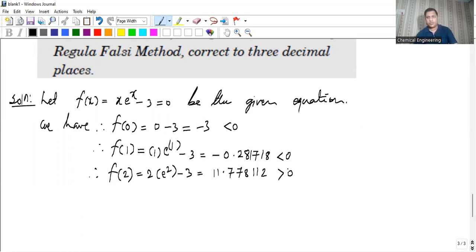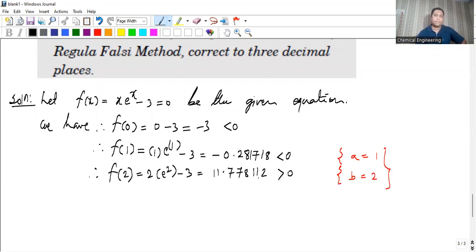Yes, sir. So we can have one value less than 0, so we got a equal to 1. And we got one value greater than 0, so we got b equal to 2.